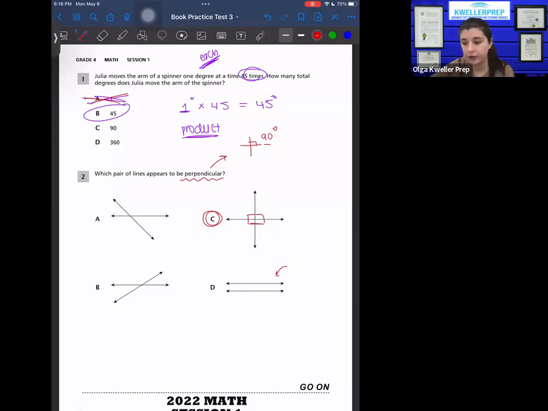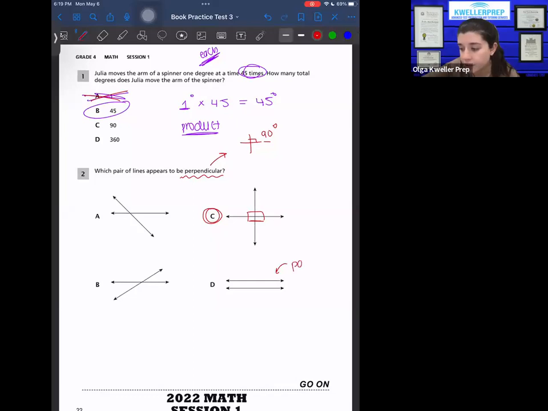They're not perpendicular, otherwise they would have been the answer to our question. But how do we describe them? What do those lines appear to be?